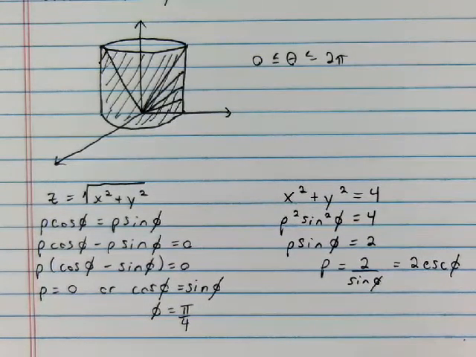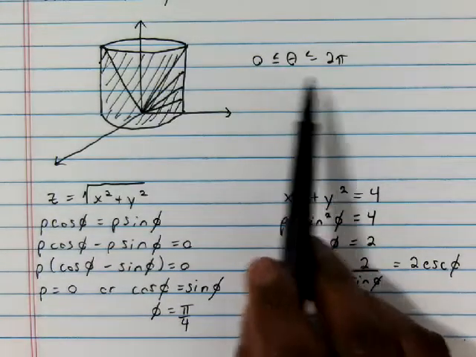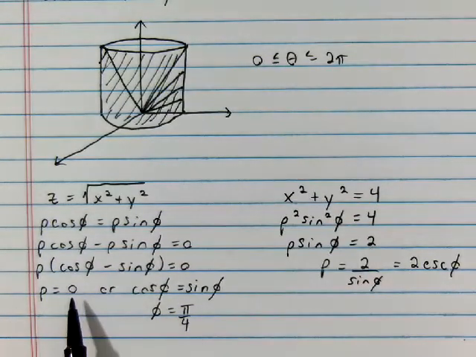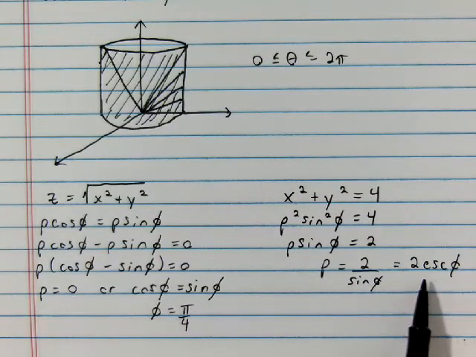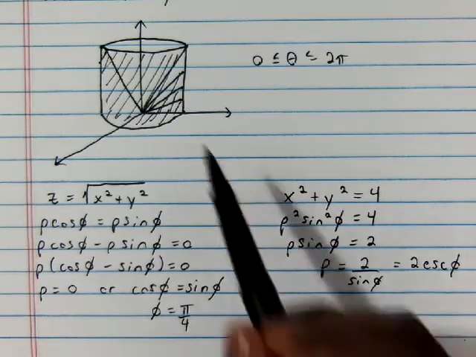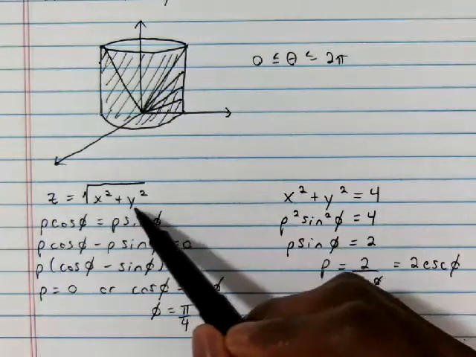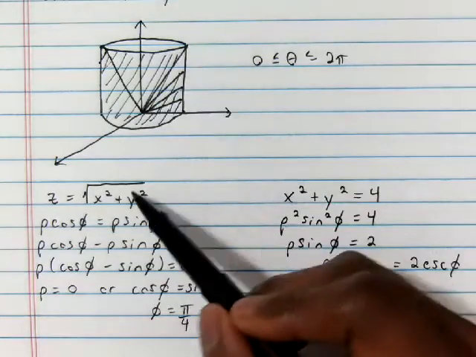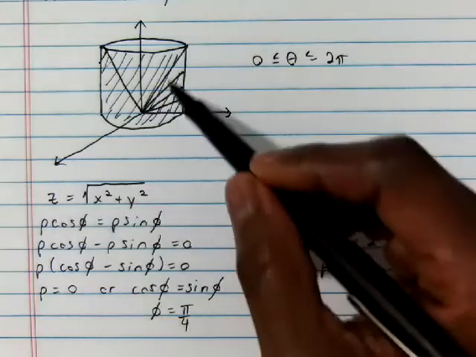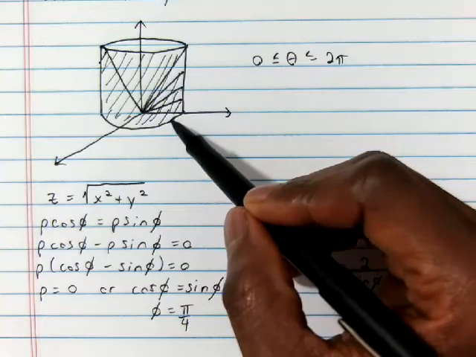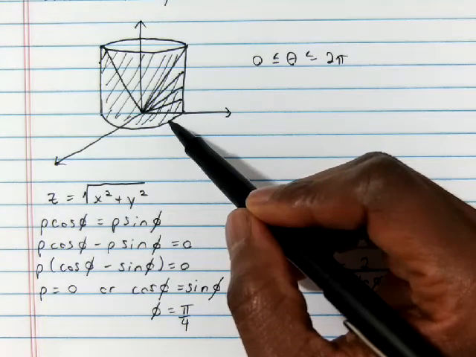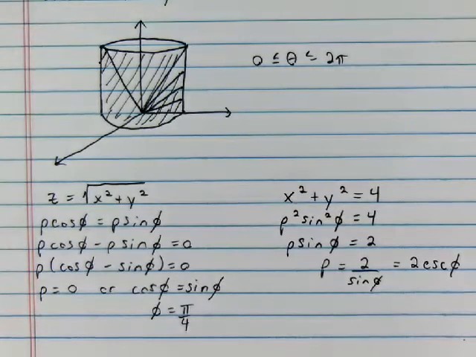So now we have theta varies between 0 and 2 pi. Rho is going to go between 0 and 2 cosecant phi, and phi is going to go between pi over 4, and we know this is the pi over 4 part because it came from the cone, and it's going to go all the way down to phi equals pi over 2, which is the xy plane.